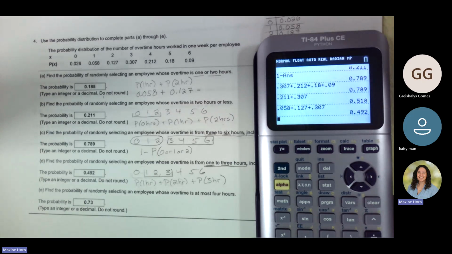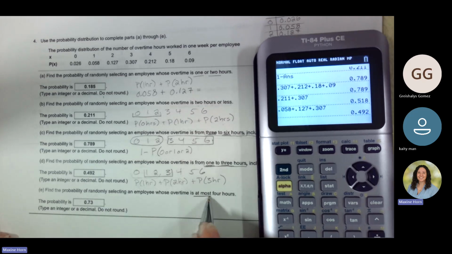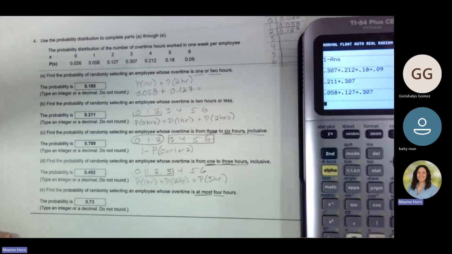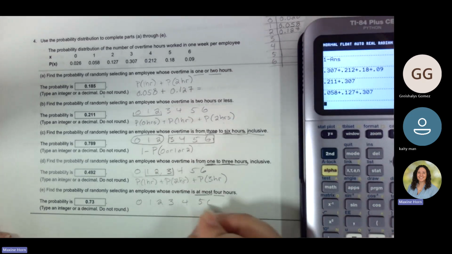Okay. And the last one for this, find the probability of randomly selecting an employee whose overtime is at most 4 hours. Okay, at most 4 hours.